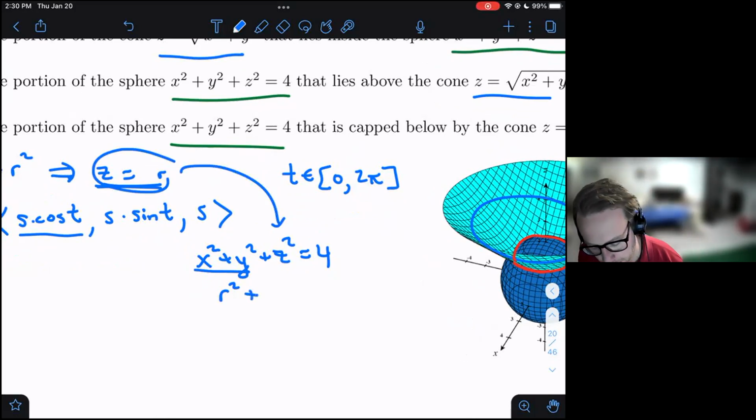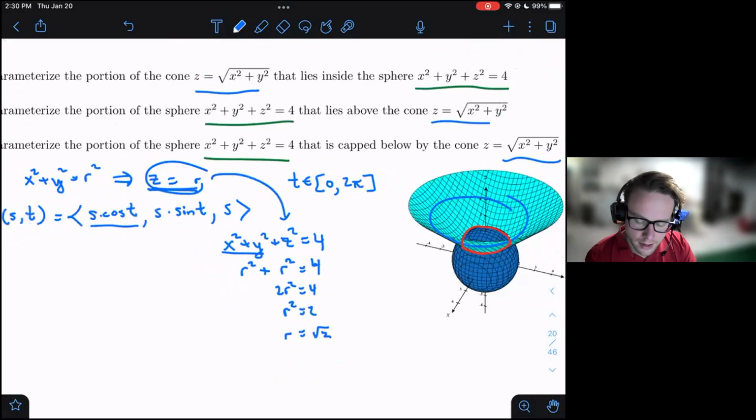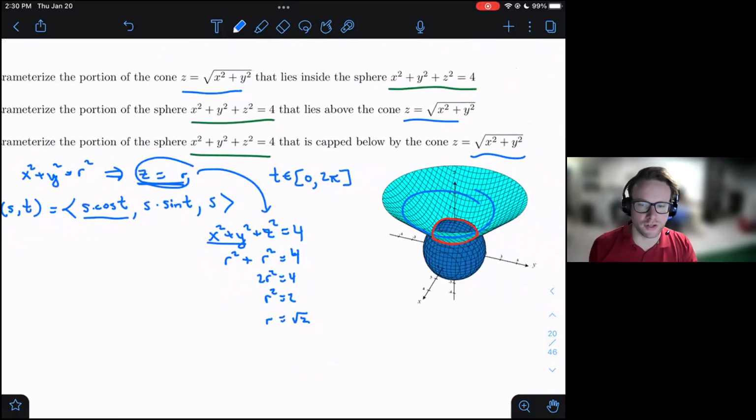And so this is going to be plus z squared, which will be another r squared. And so we're going to have 2r squared is equal to 4, or r squared is equal to 2. And that means your r is going to be plus or minus root 2. But again, we're restricting down to just the positives. And so our radius is going to be root 2. So at root 2, this is where they actually intersect.